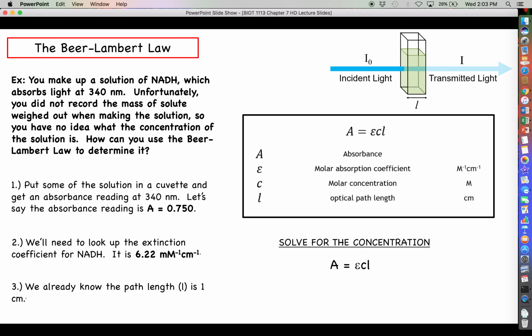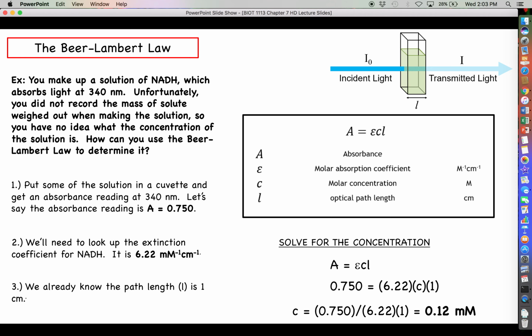All we have to do now is solve for the concentration using this formula. So if we plug everything in, the absorbance is 0.750, the extinction coefficient is 6.22, concentration we'll leave as is because we don't know it yet, and the path length is 1. Well, if we solve for this, we get a concentration of 0.12 millimolar.